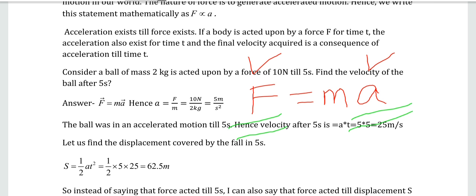Now a particular cause will create what type of effect is decided by mass in this case. I mean, a particular force will create how much acceleration will depend upon mass. So mass comes as a proportionality constant. I hope that this point is clear. So we have this formula, force is equal to mass into acceleration, in our world.